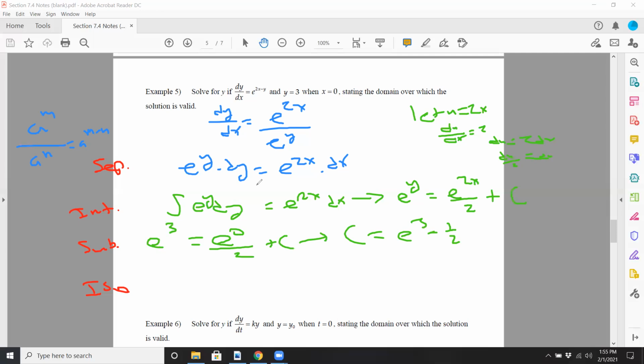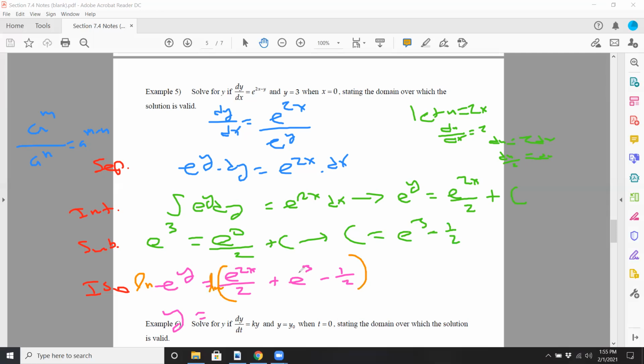Now we have to isolate y. So our equation again is going to be e to the y. Let's actually change colors again. So e to the y equals e to the 2x over 2. Your c value is this, e cubed minus 1/2. So what you could do is write y equals the natural log. Essentially you could take the natural log of both sides to move the y to the front.